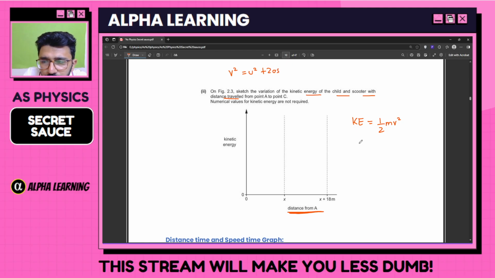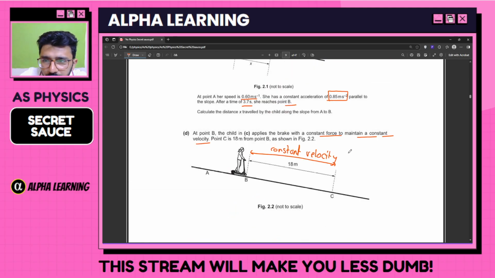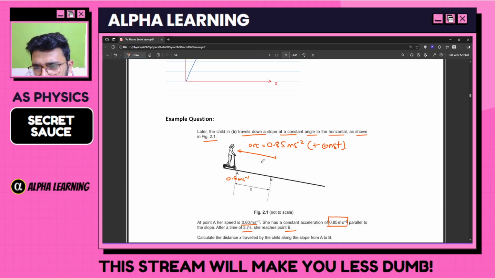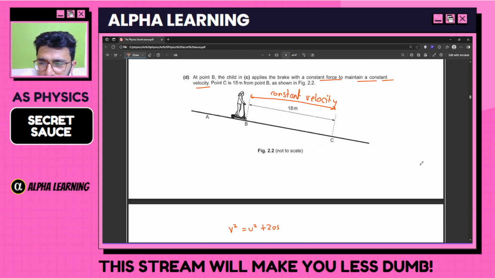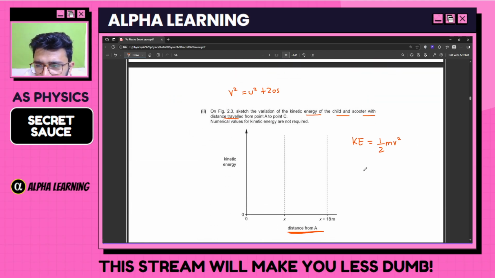So from A to B, since you are accelerating with a constant value, you can apply this equation of motion. V square is equals to u square plus 2as. So instead of this v square, you will place what? Kinetic energy is equals to 1 upon 2m (u square plus 2as).